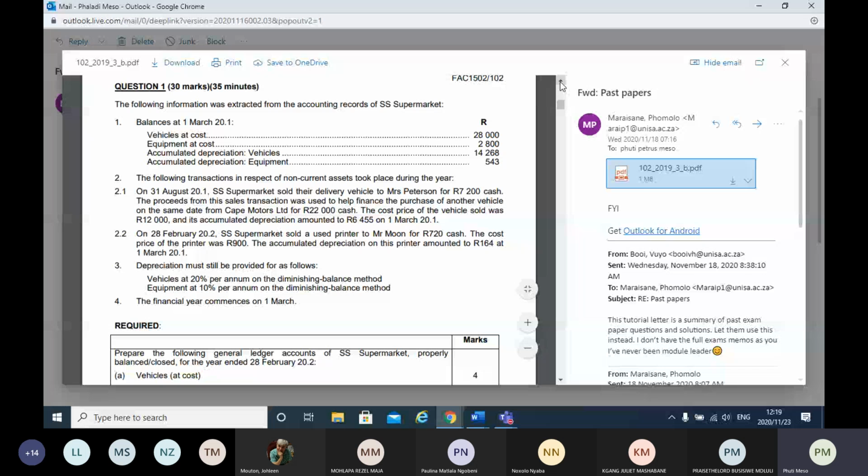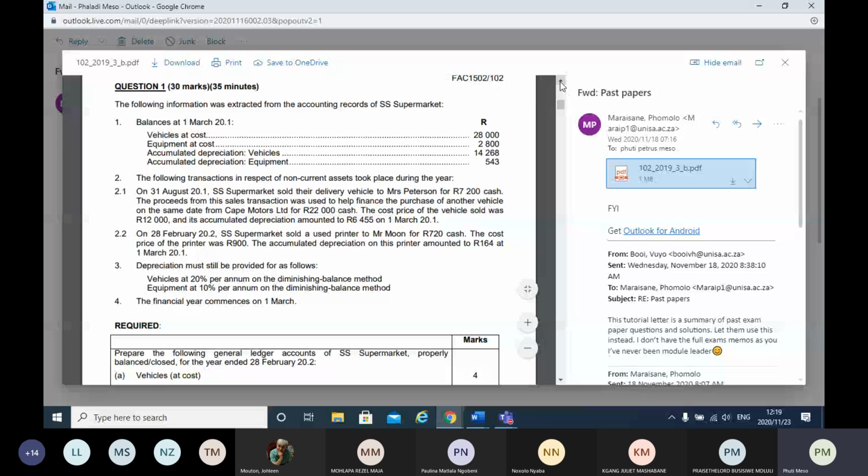But here's the bigger question. Where do you think your accumulated depreciation would feature in terms of your assets, your liabilities, as well as your equity? It's nowhere to be found, right? No, it's nowhere to be found in there.